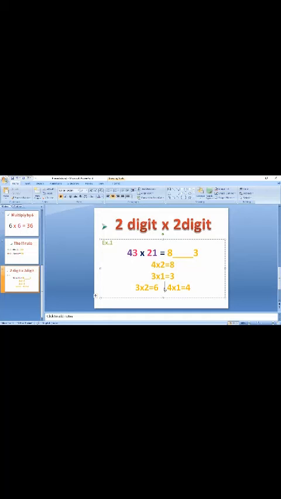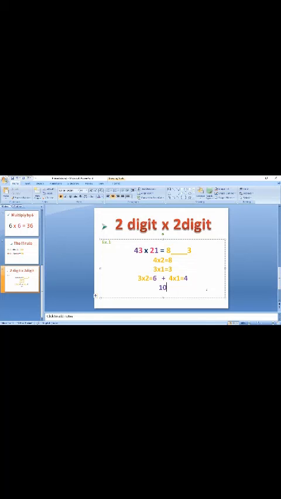Then this is the important step to find the middle number: we add 3 into 2 equals 6, plus 4 into 1 equals 4. So 6 plus 4 is 10. So 10 will be the middle one.